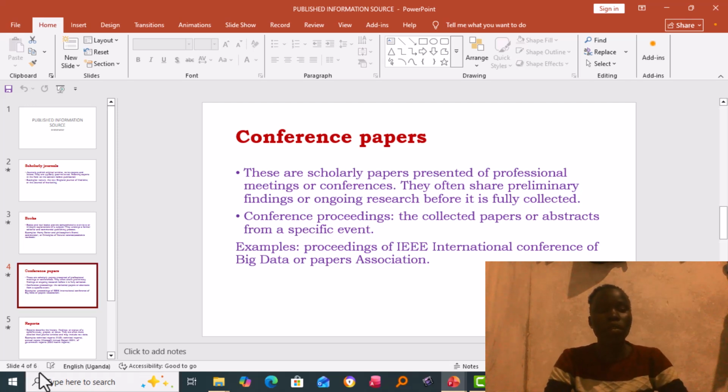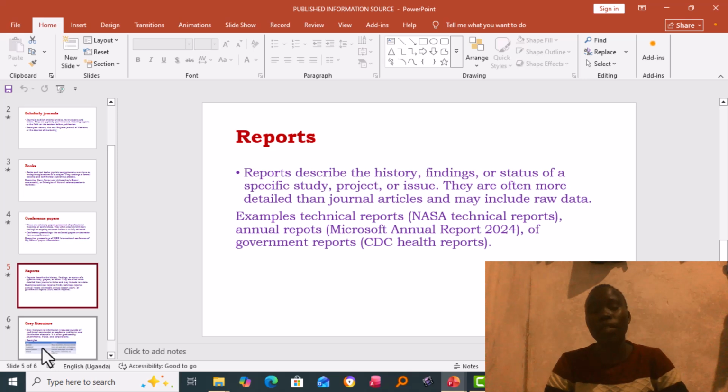Then the other source of published information, we have the reports. Reports describe the history, findings or status of a specific study, project or issue. They are often more detailed than journal articles and may include raw data. For example, we make reports in our day-to-day life. Students make reports every day, like biological reports.